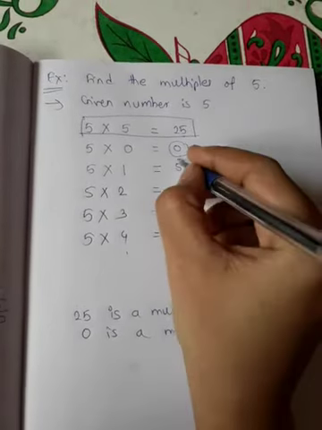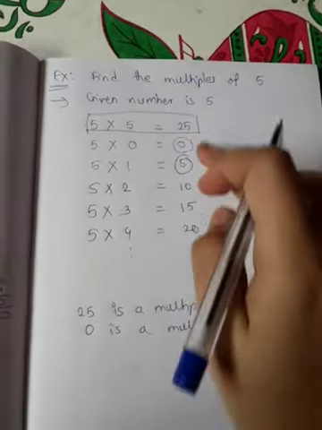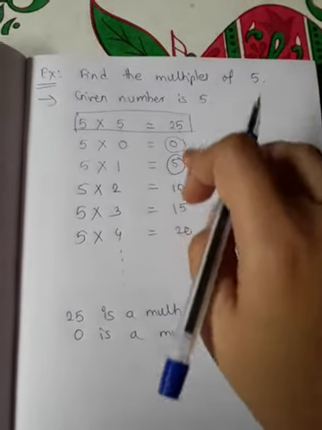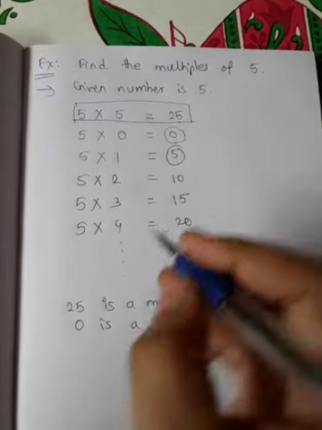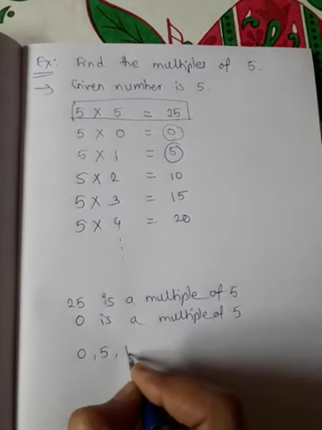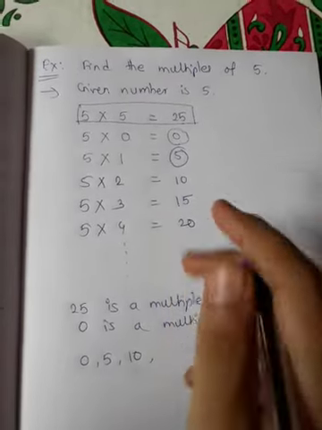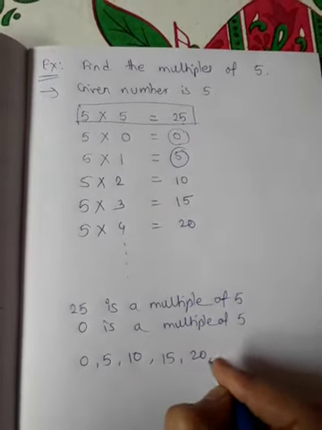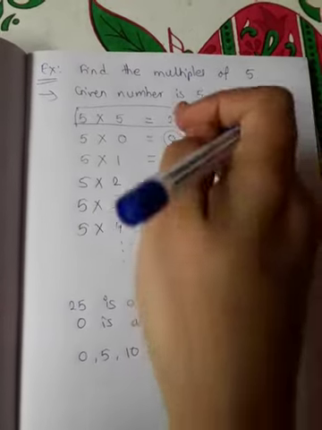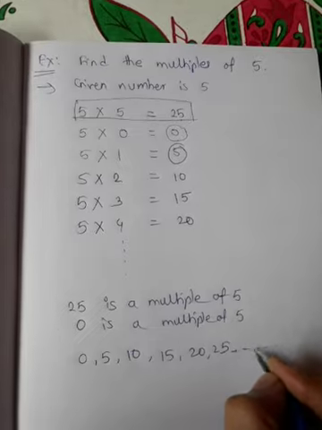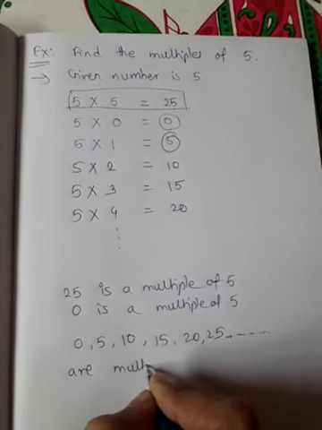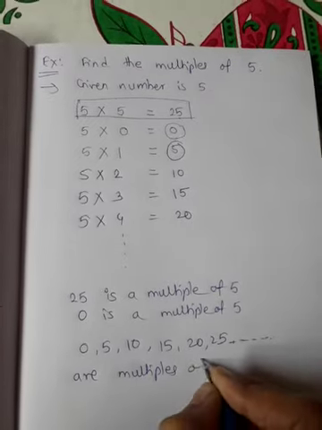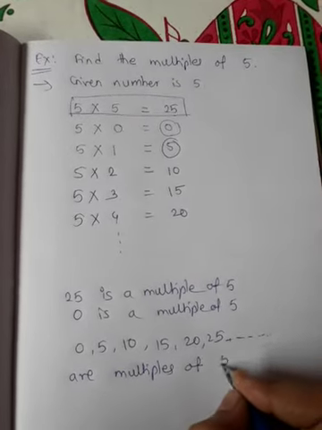As with this 5, the obtained products on the right side, 0, 5, 10, 15, 20 and so on, 25 also and so on, are multiples of the given number 5.